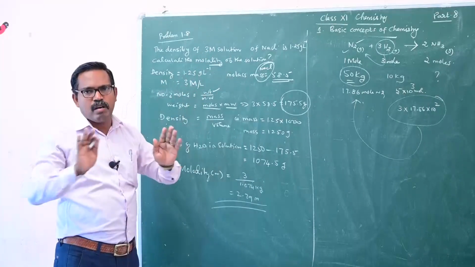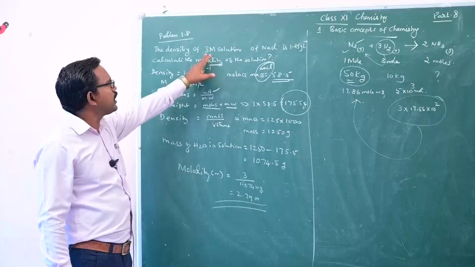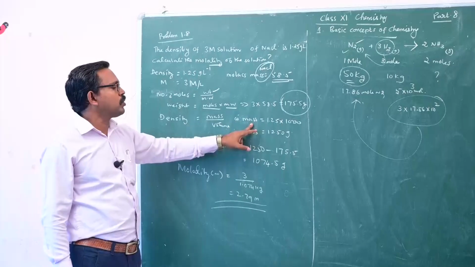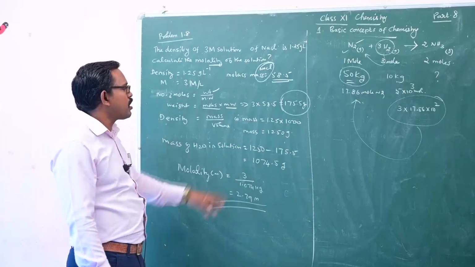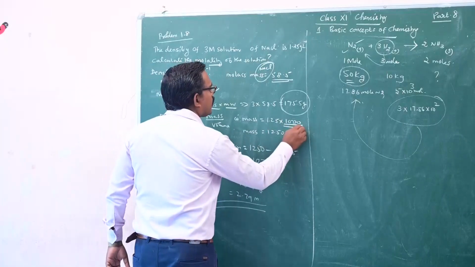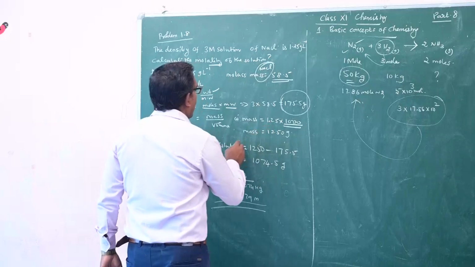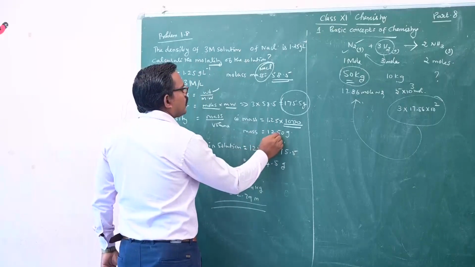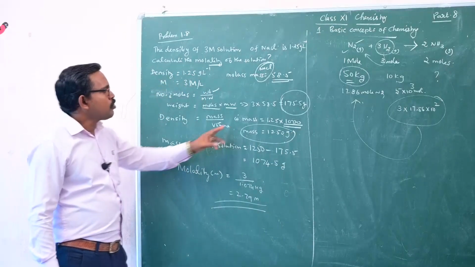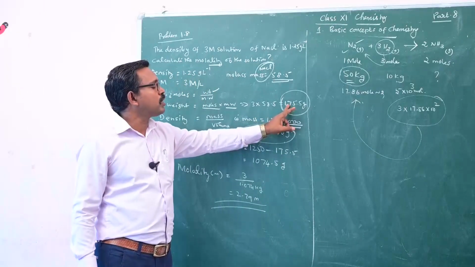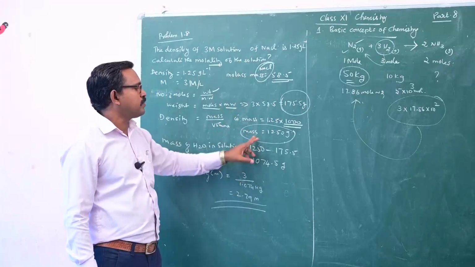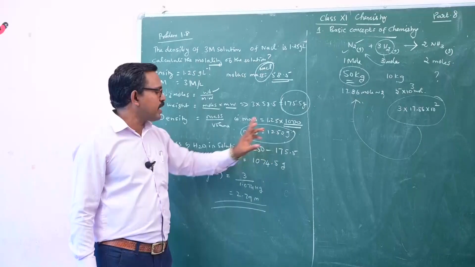Solute plus solvent make up the solution. Density is mass by volume, so mass is 1.25 into 1000, which is 1250 gram. Solute amount is 175.5 gram, and mass of the solution is 1250 gram.